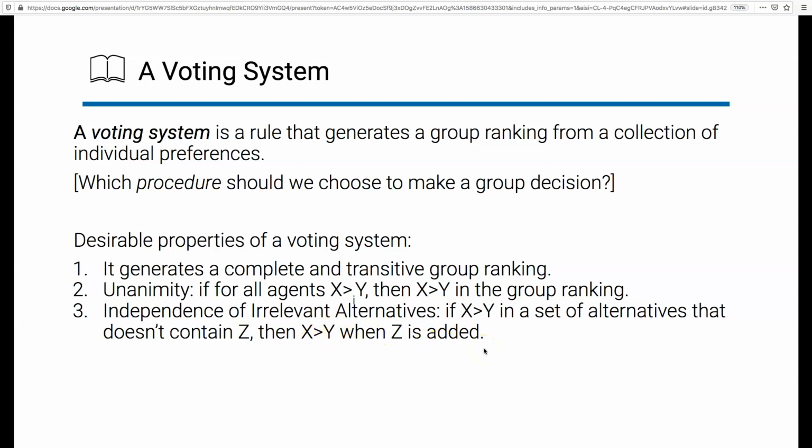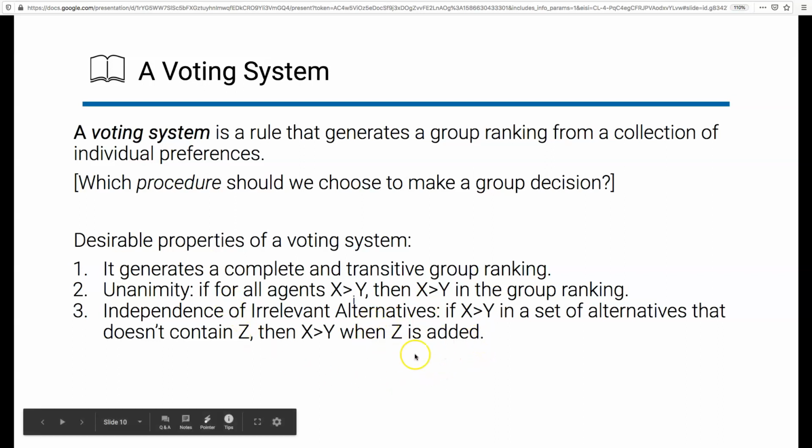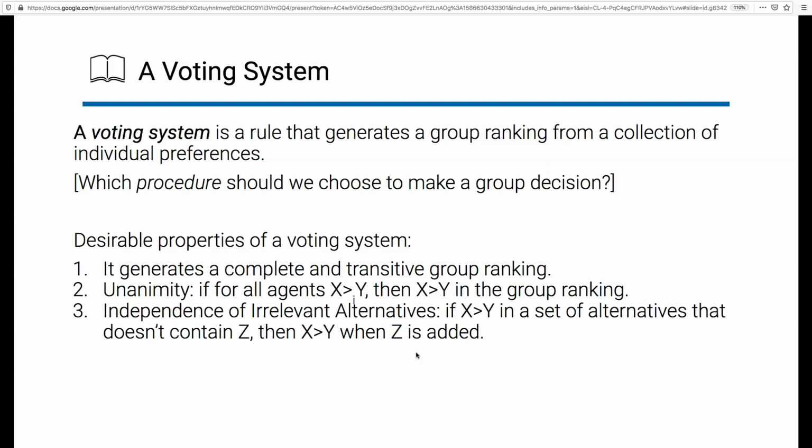So for example, if you prefer Josiah's to the dining hall, then you should still prefer Josiah's to the dining hall even when Subway is added to consideration. So adding new alternatives to consideration shouldn't change the order of preferences of the alternatives that were already considered.